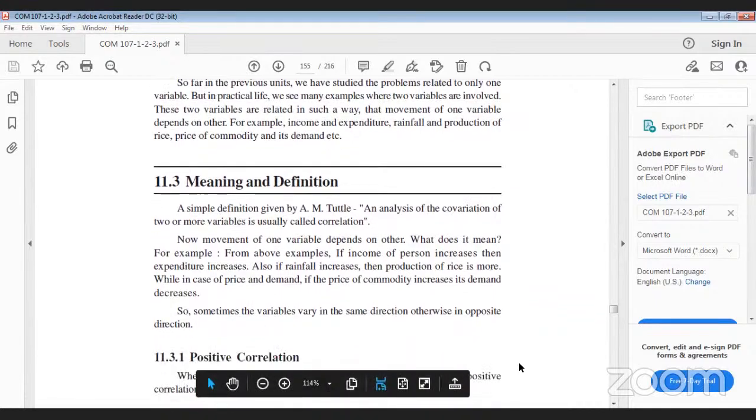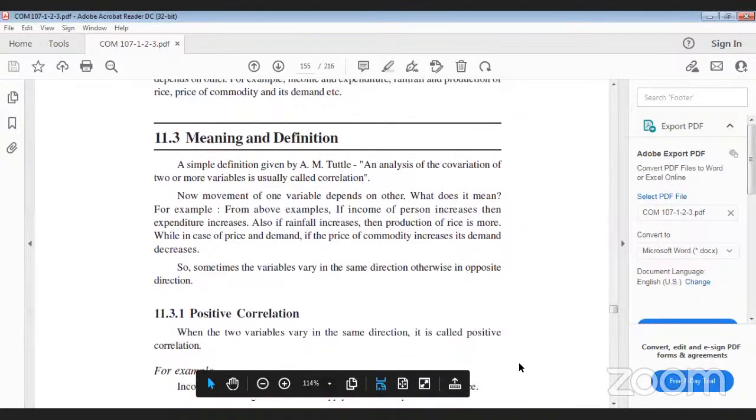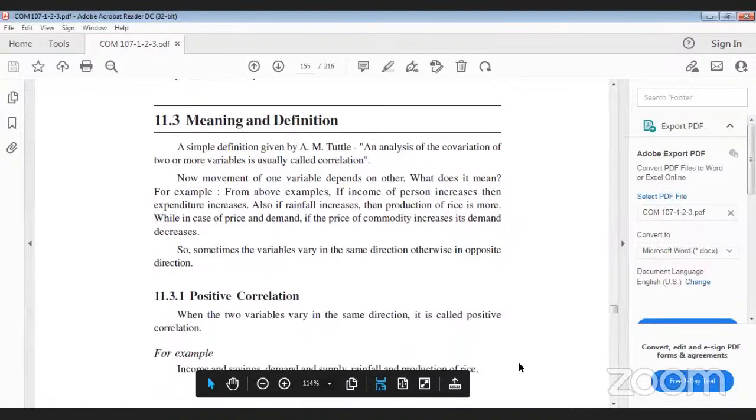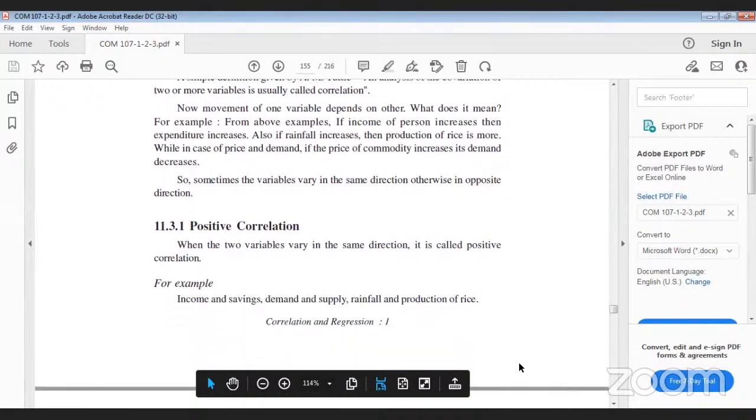There is positive correlation, when the two variables vary in the same direction, for example in production.